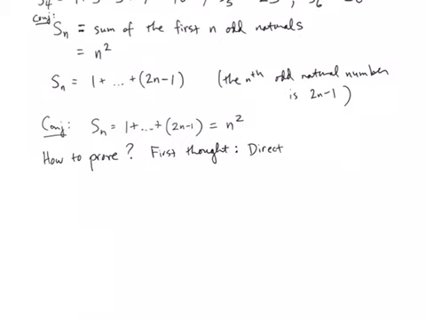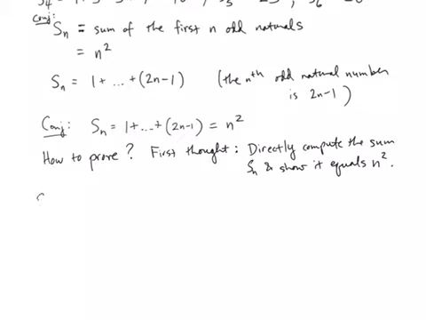So somehow just directly compute the sum Sn and show it equals n squared. And there is a way to do this, and we won't discuss it at the moment. There is a way to do it this way, but what we're going to do is somewhat more indirect.